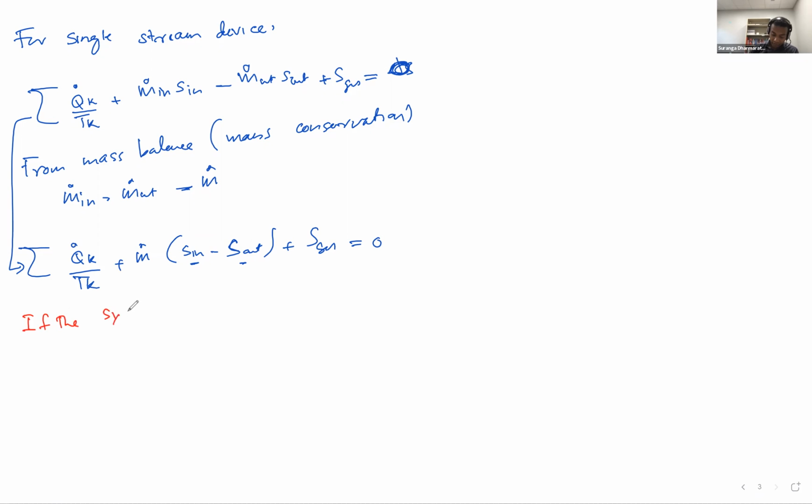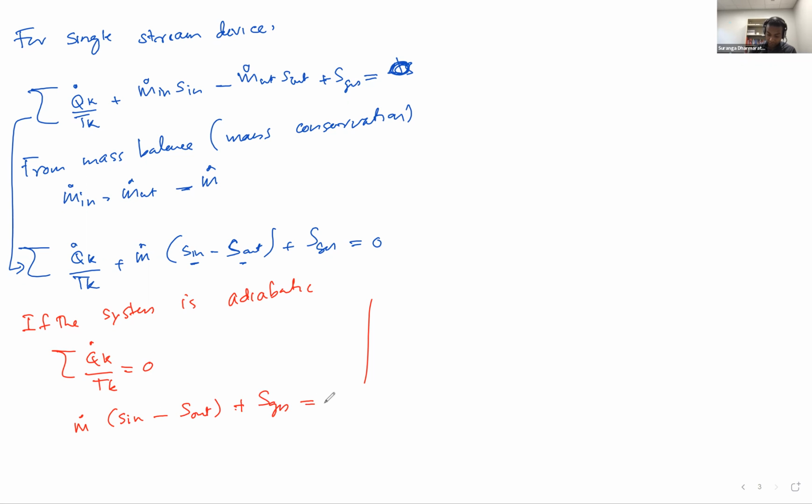And if the system is adiabatic, then Q dot k equals 0, right? Then I can write m dot times s in minus s out plus S dot gen equals 0. There should be a dot in here, S dot gen.